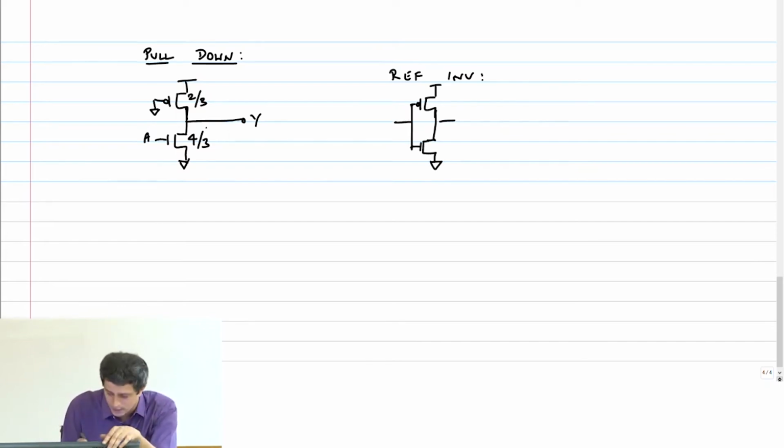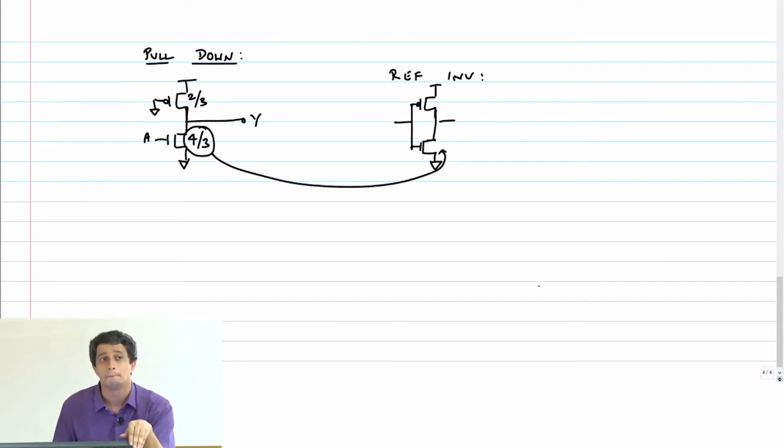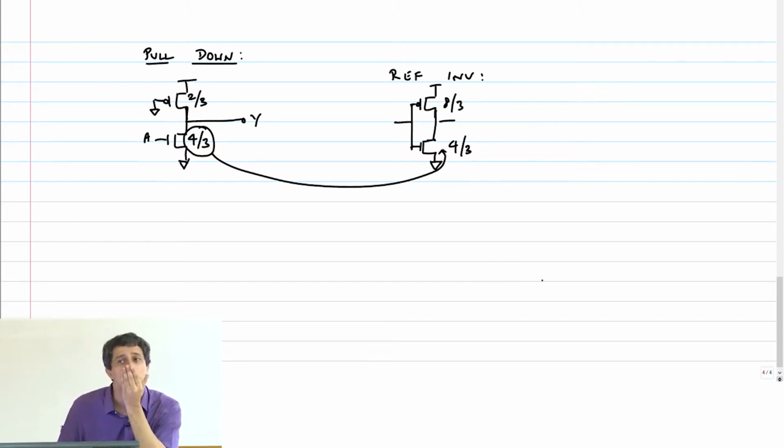Now, question is, this is 4/3. Can I put the 4/3 here? Can I make this 4/3? If this is 4/3, what should the PMOS be? 8/3. What's the logical effort? So, CA here is 4/3 times C. What about CA here? It is 12/3 into C, that is equal to 4C. So, is the logical effort 1/3?